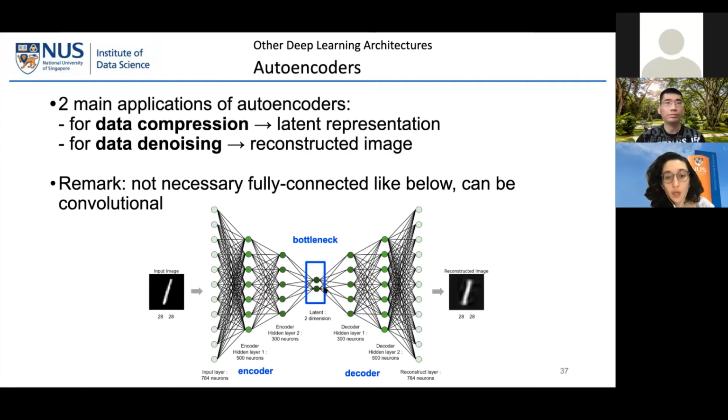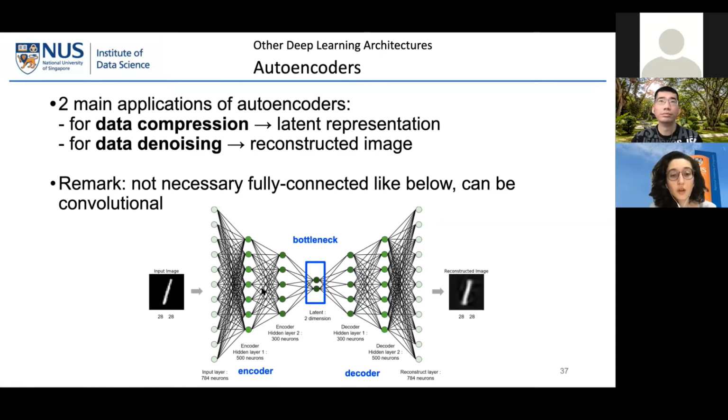Okay, or you can use this learned latent representation in order to encode your input image into a much smaller shape, and that can help you share images that are too large without losing too much information.